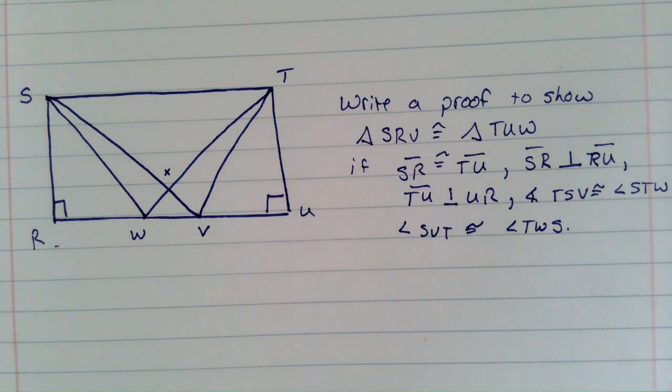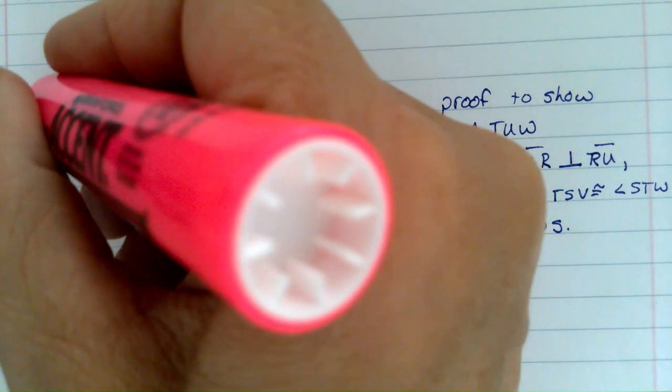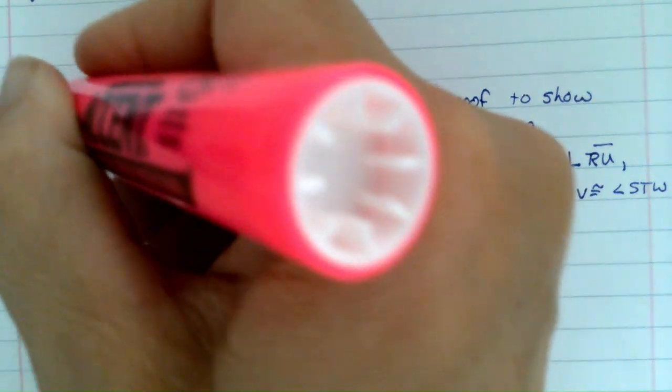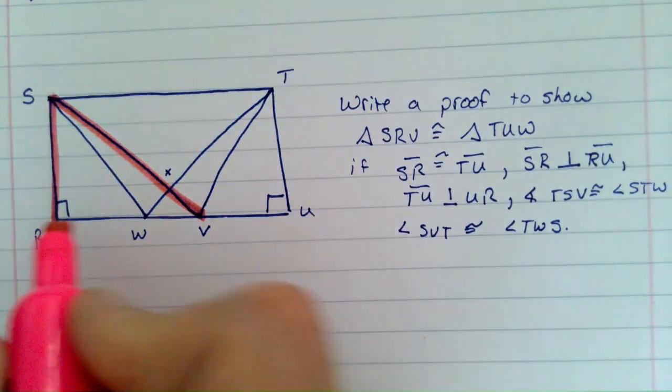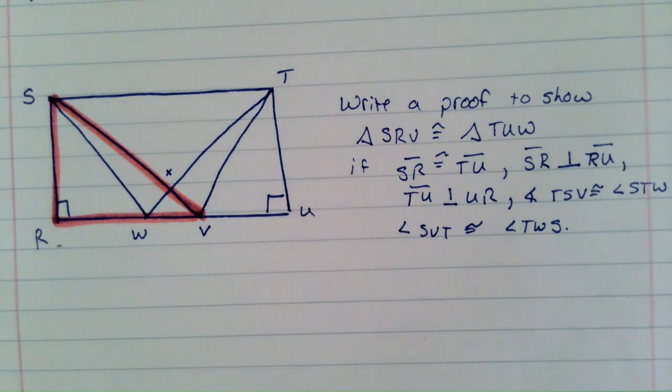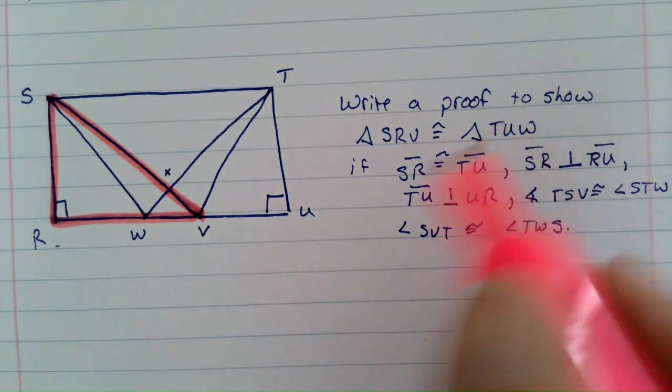So here's an example of why we might want to pull triangles apart, because we have a lot of overlapping triangles in here. So let's see what we're trying to get proven here. We're trying to prove SRV is congruent to TUW.